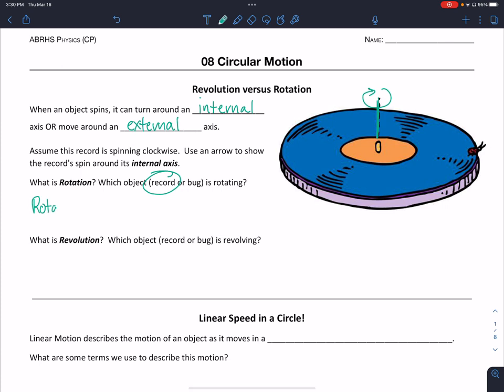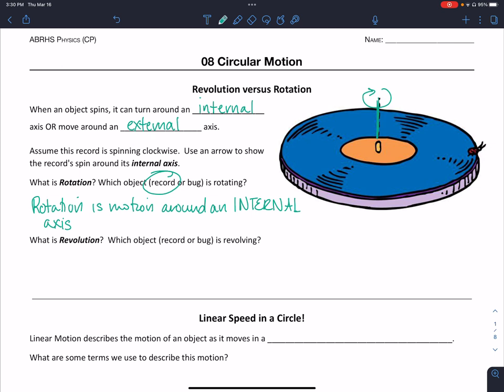So rotation is motion around an internal axis.